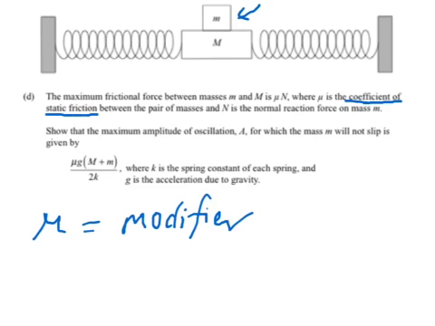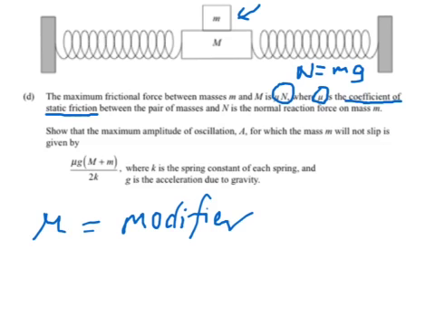So this coefficient mu modifies the normal force to give you the actual force of friction in this situation. The normal force is also small mg in this case, because the normal force is the reaction force upwards, and small mg downwards is the actual force.